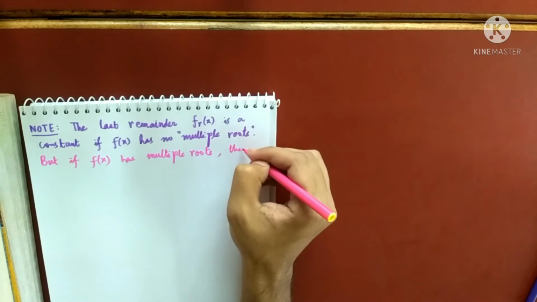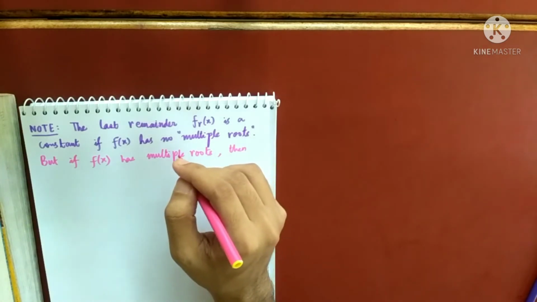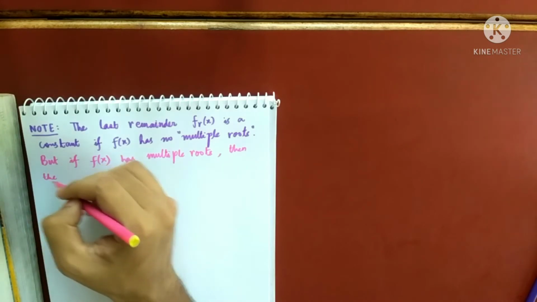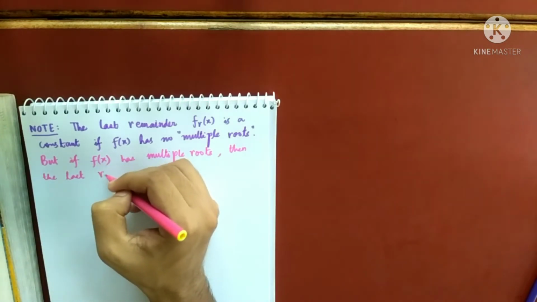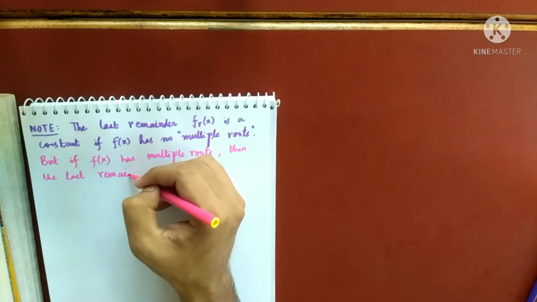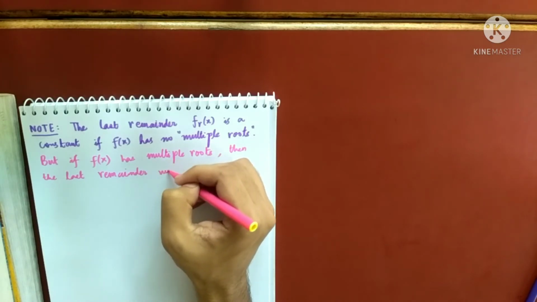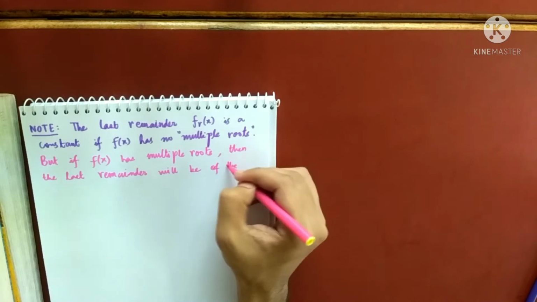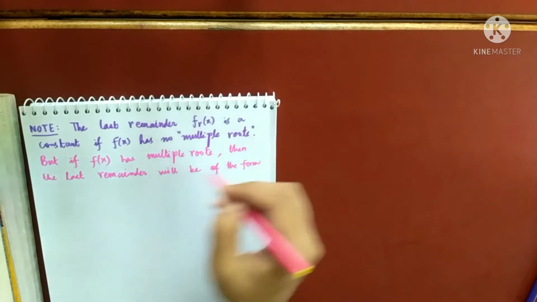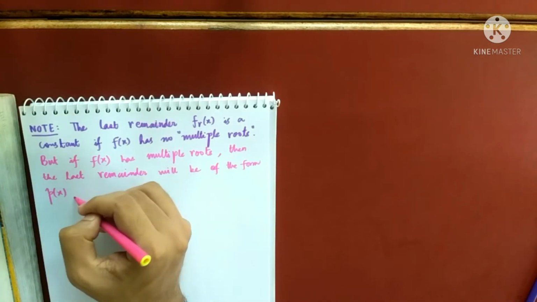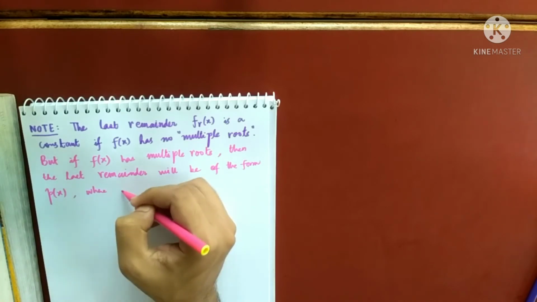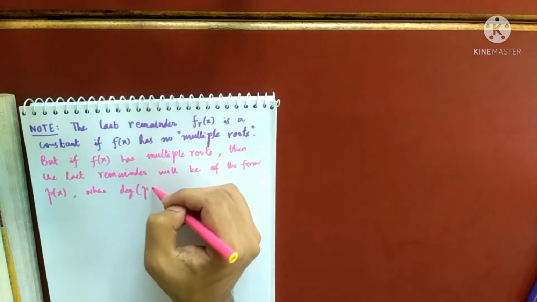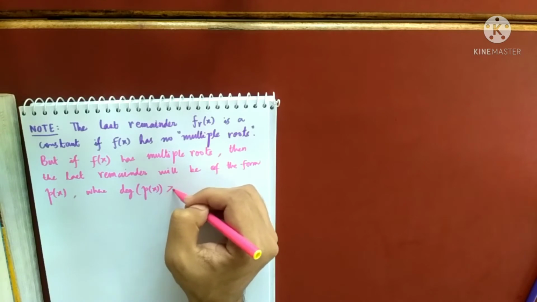then the last remainder will be of the form some p(x), where the degree of p(x) is at least 1. It cannot be a constant.